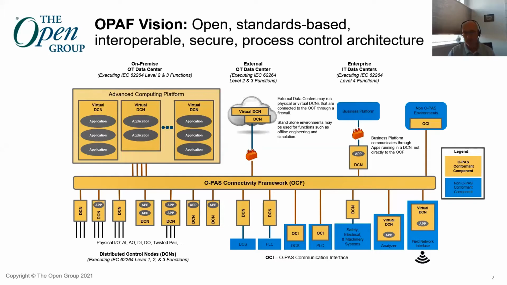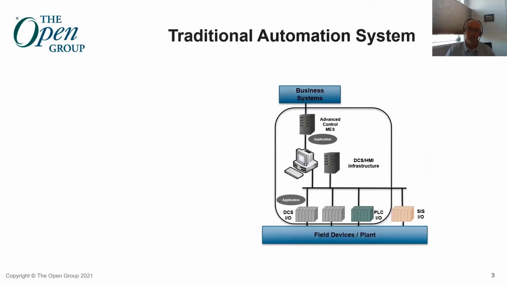And the blue elements are existing elements we already know today, like DCSs, PLCs, machinery systems, etc. In the end, we will have a parallel. With this traditional automation system you see in front of you, we will draw the functional parallel between what we have today, what we understand, all the pictures we know, and the open systems.